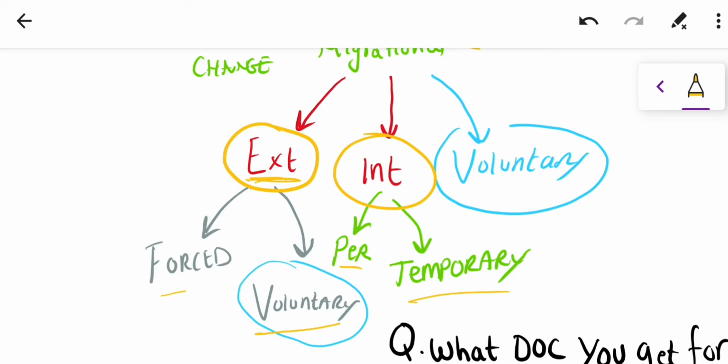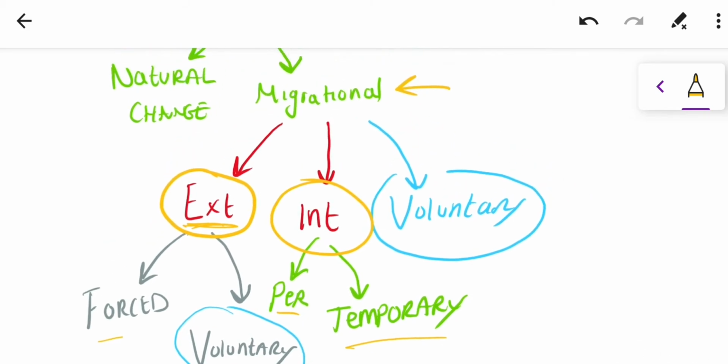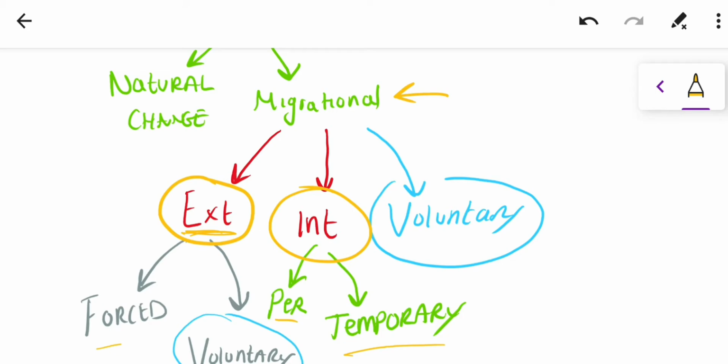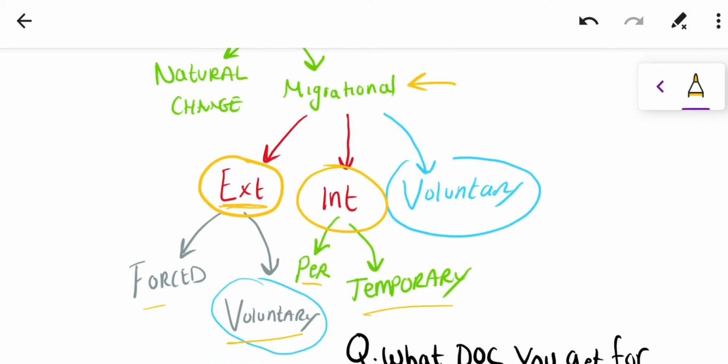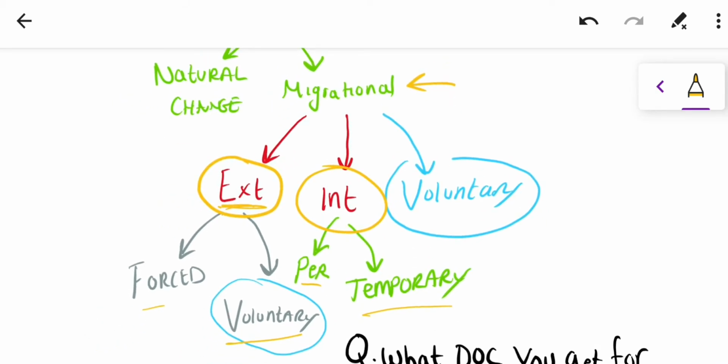Now, what our teacher said in the practical is, we have 3 types of migration: external, internal, and voluntary. Okay, this teacher said this. So I'm just confused what to go for.